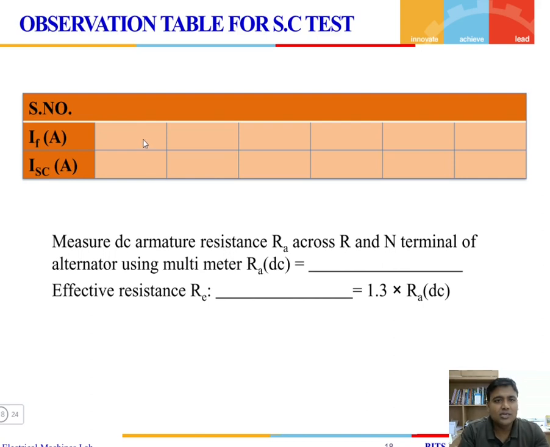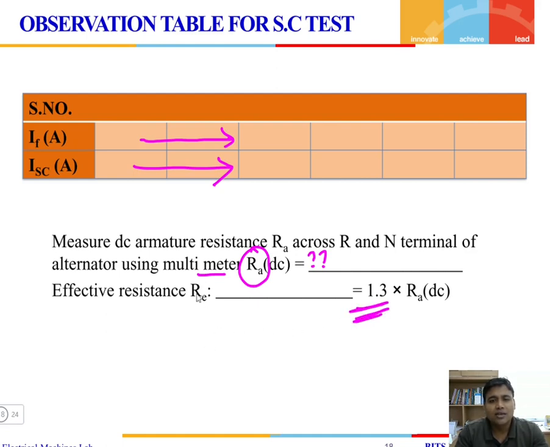Here we are going to measure the field current and the generated current. The measurement is basically what is the field current and what is the short circuit current that is flowing through the alternator. The armature resistance of the alternator is measured through a multimeter, and then you multiply it with 1.3, which is a multiplication factor, to find the effective resistance.